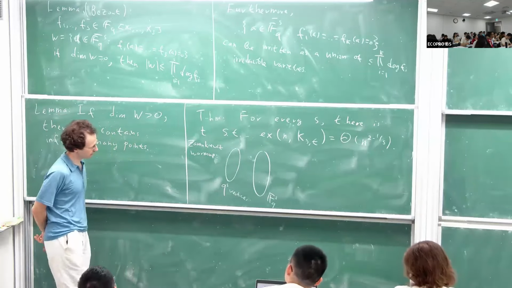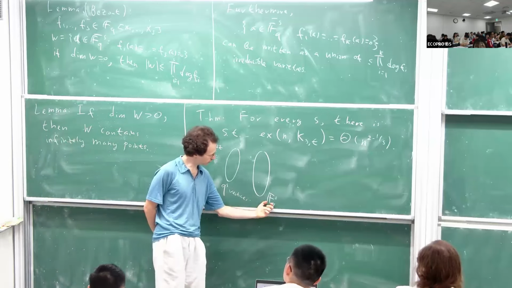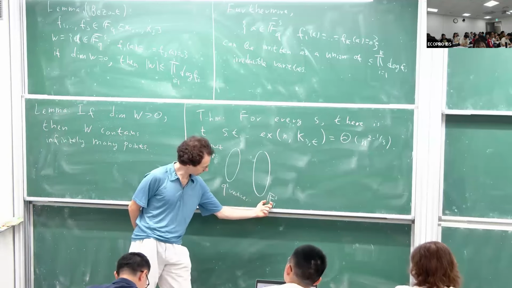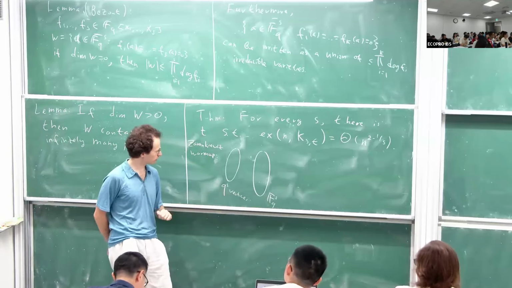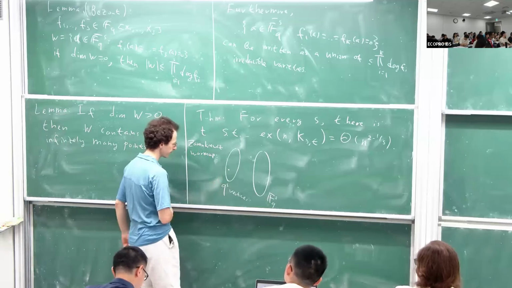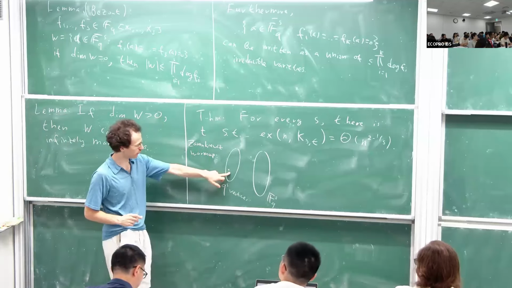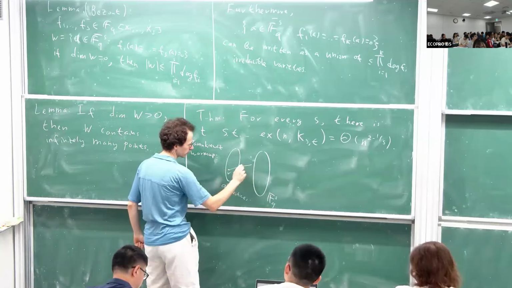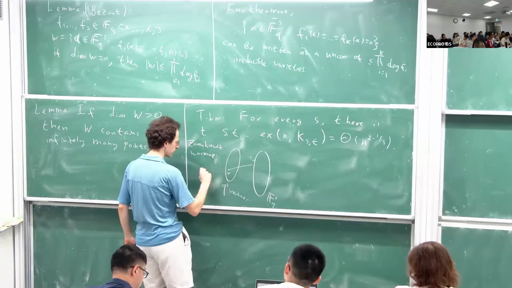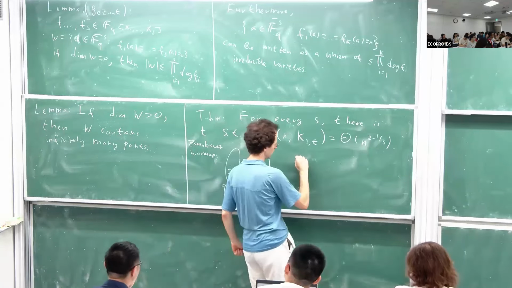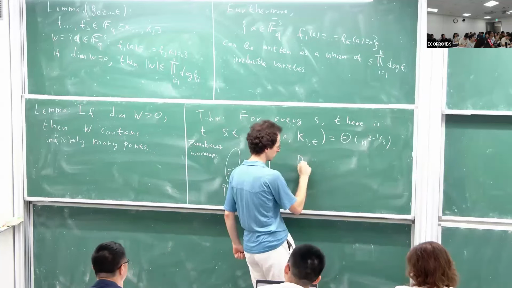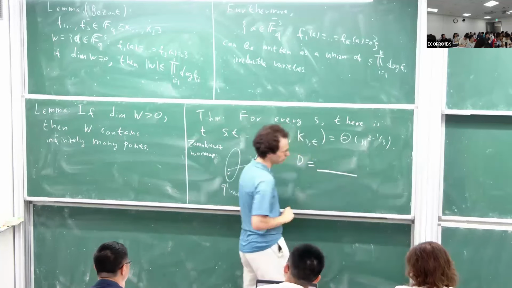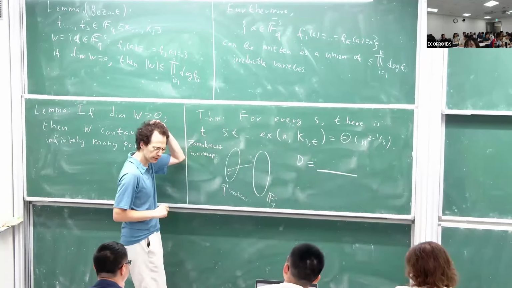So we have Q to the S vertices on the right, F_q to the S, and just Q to the S vertices on the left. And for each vertex on the left, we choose a polynomial. So D is going to be the parameter which will basically be about S squared.